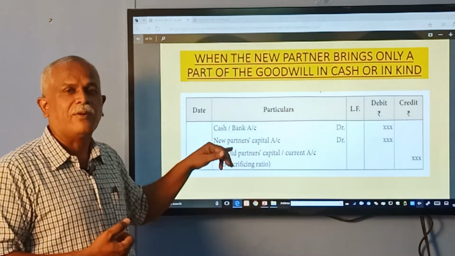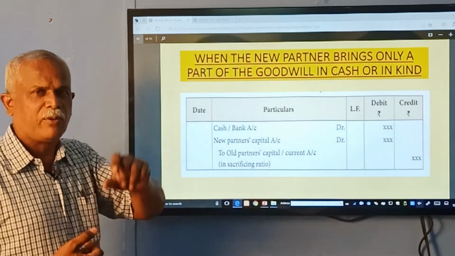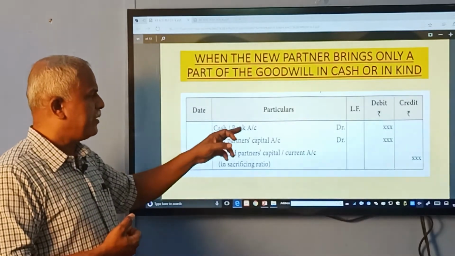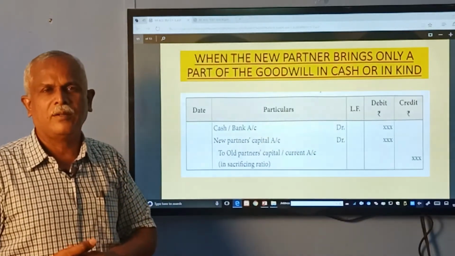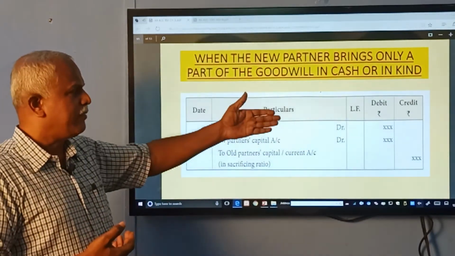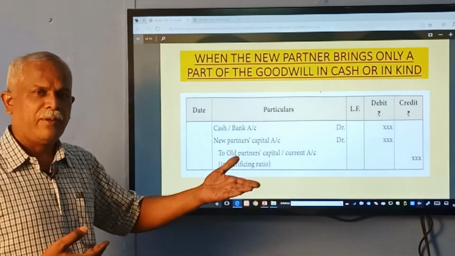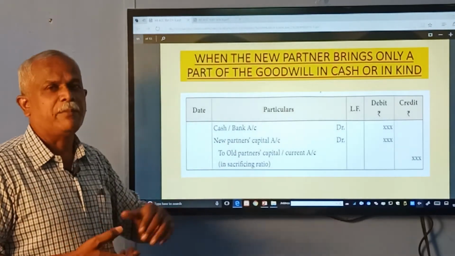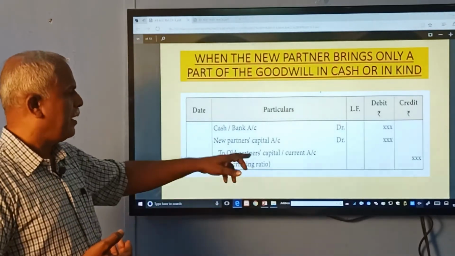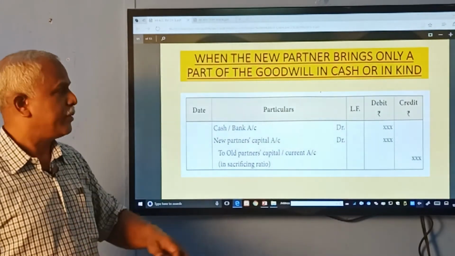That amount will be taken out from his capital account, the new partner's capital account, and his capital account will be reduced. So, 10,000 plus 15,000, total 25,000, will be distributed to the old partners. Whatever he is able to bring, debit it in the cash account; whatever amount he is unable to bring is to be debited from his capital account and distributed to the old partners in sacrificing ratio.